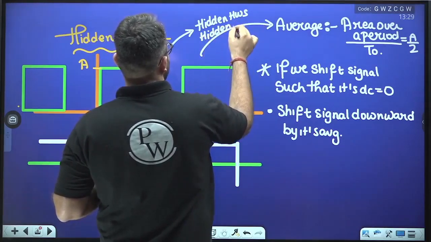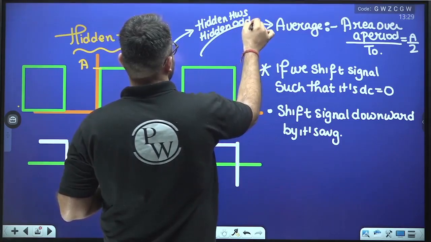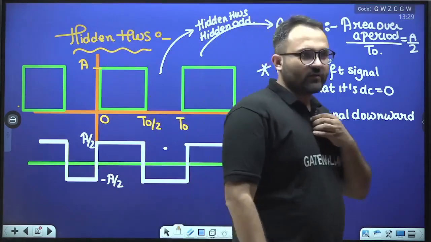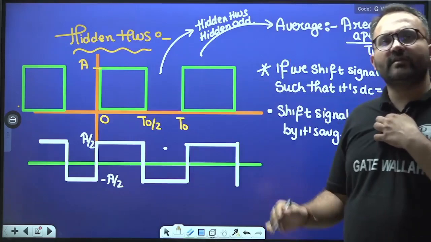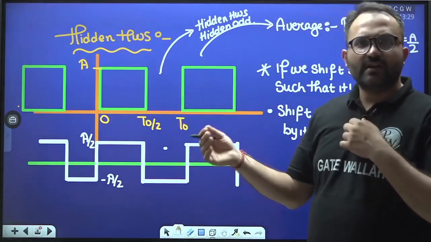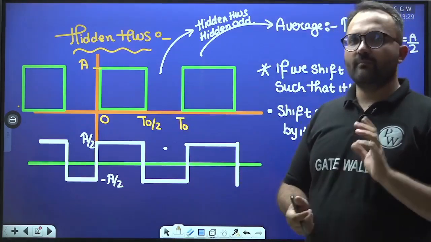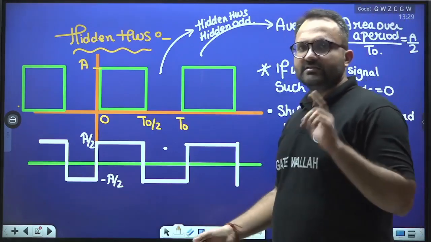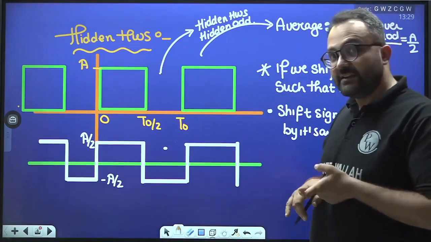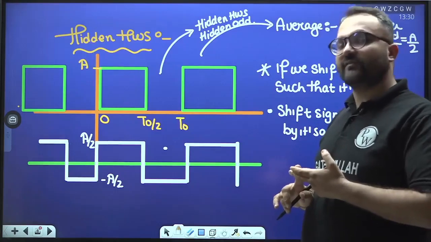So hidden odd symmetry and hidden half wave symmetry means the same as half wave symmetry and odd symmetry. Means this original signal will have only sine terms and odd harmonics of sine only.